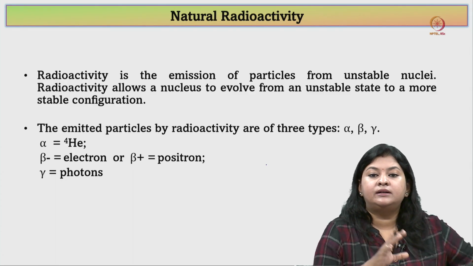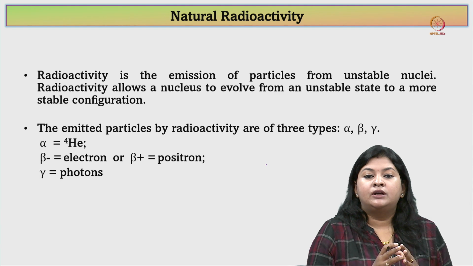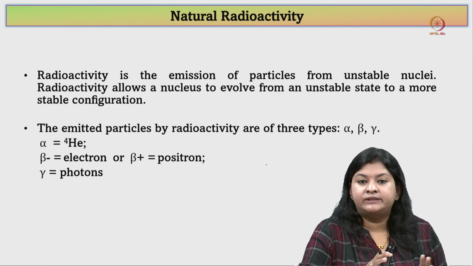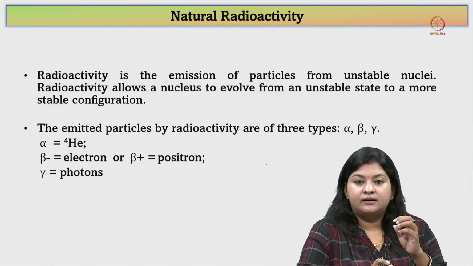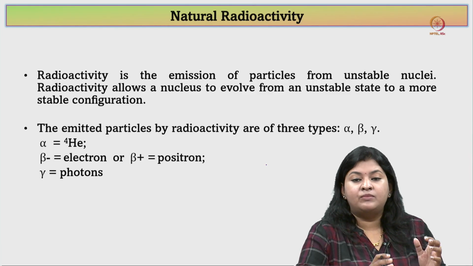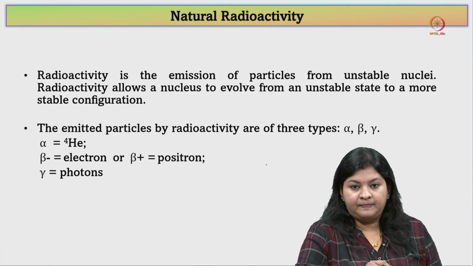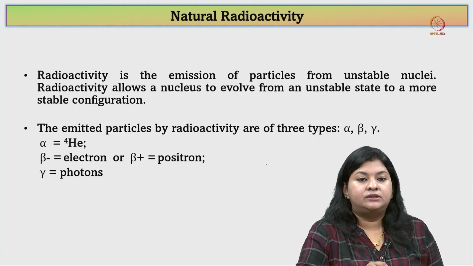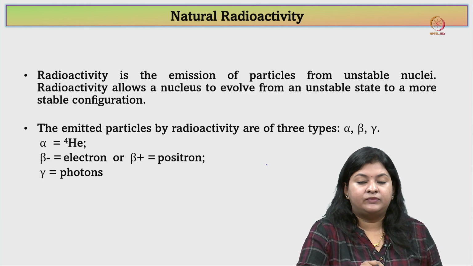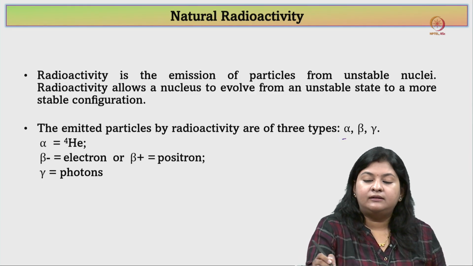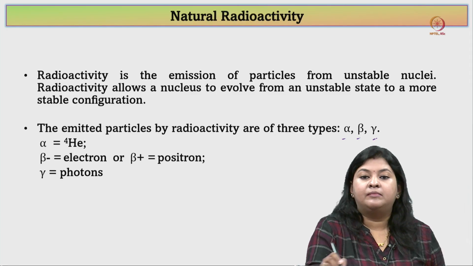A nucleus is formed which is no longer stable, so to go back to a stable state, it will dissociate and form a more stable configuration. During that emission, there can be 3 kinds of emissions: alpha, beta and gamma.